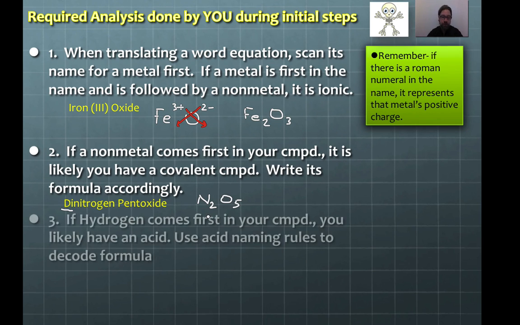Number 3. If hydrogen comes first in your compound, you likely have an acid. Use your acid naming rules to decode the formula. However you name acids, you're going to go backwards as you try to translate the words into a formula. Let me give you an example. Hydrochloric acid. Now, in acid naming rules, we use the prefix hydro when naming a binary acid, when you have hydrogen with one other element.